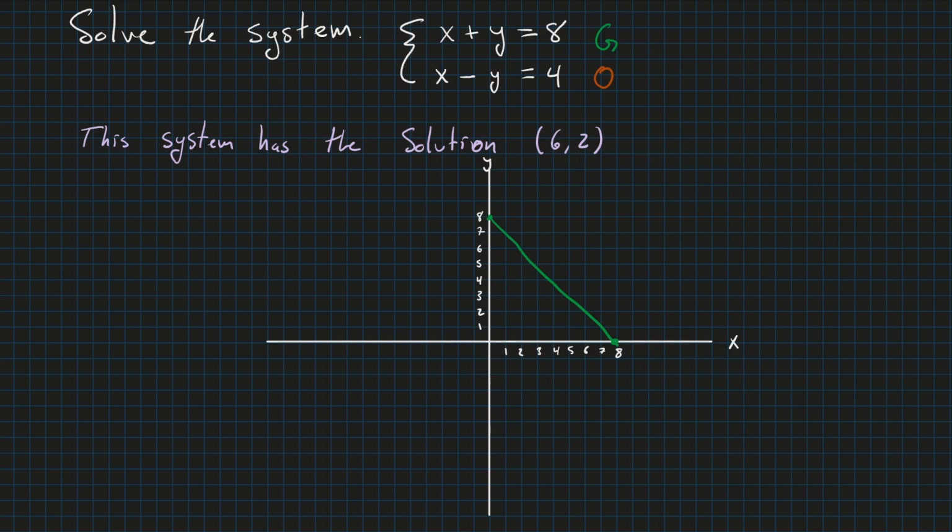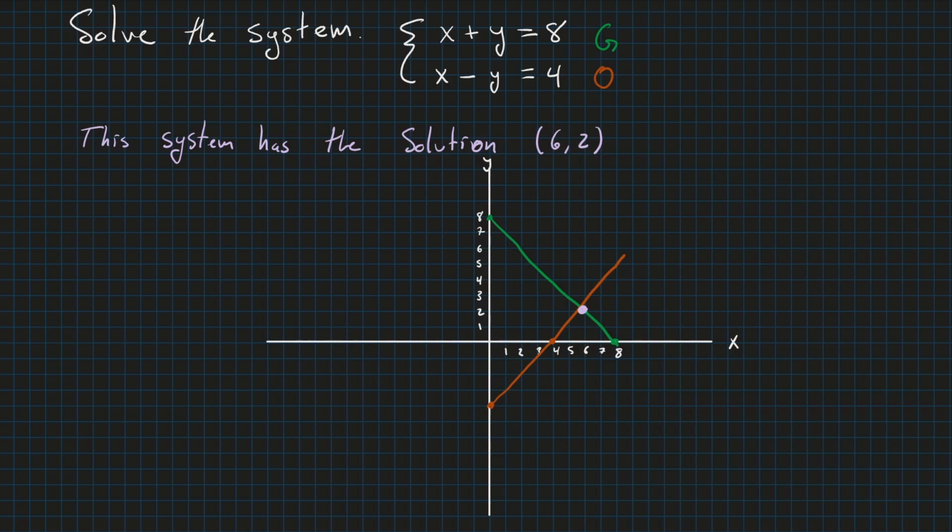And now we're going to connect those. And then the second equation here, x minus y is equal to 4, has an x-intercept of 4 and a y-intercept of negative 4. So now connecting those. So really what we are saying here is that the intersection of these two lines is going to be that point (6, 2).